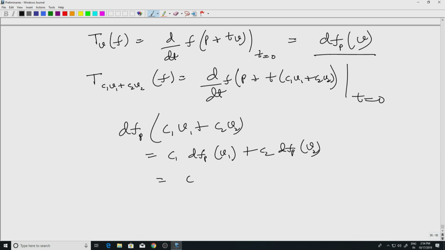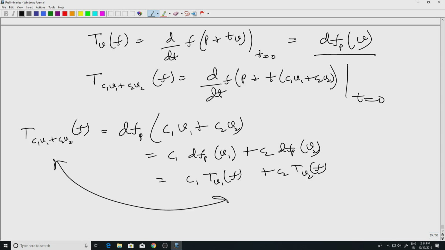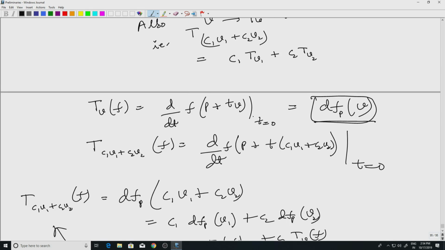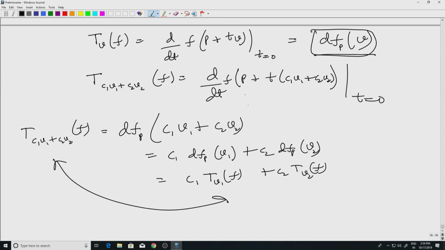This is the same thing as C1 TV1 of f plus C2 TV2 of f. And this was T of C1V1 plus C2V2 of f. So using this expression here makes the linear dependence on V immediately clear, while if I use the definition, it's not immediately clear. One has to go one or two steps ahead.